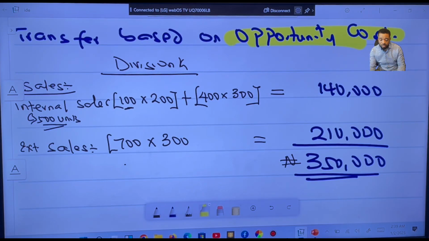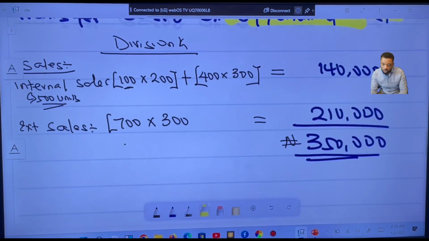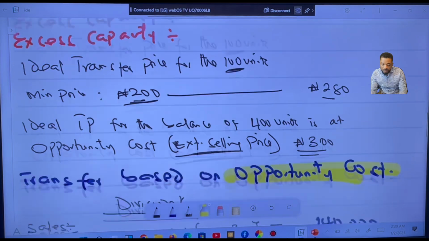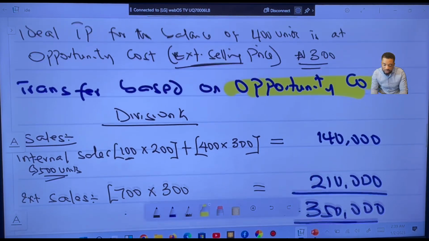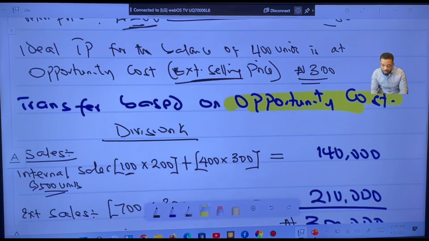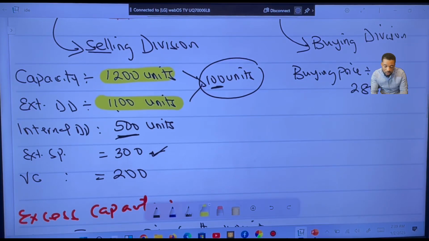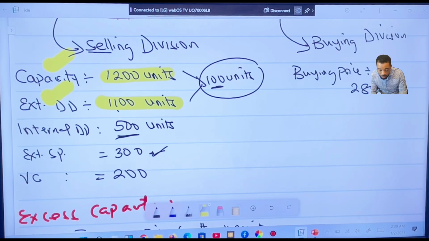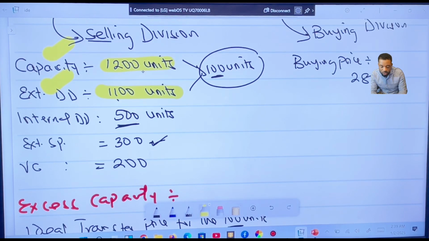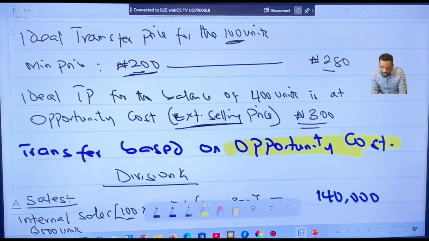I hope it's getting clear to you. So all we have just done, the number one step, is to determine the excess capacity. What's the excess capacity here? The difference between what they are producing and what external is willing to buy from them, which is 1,200 minus 1,100, and then I get 100.